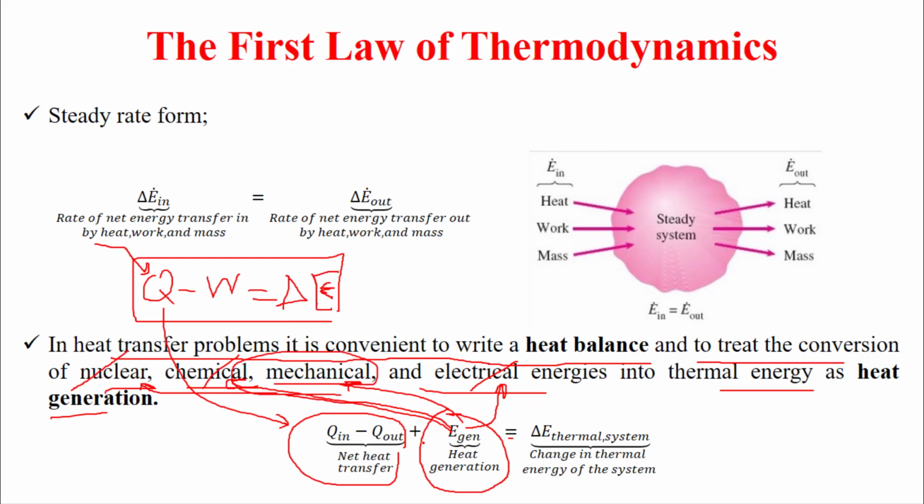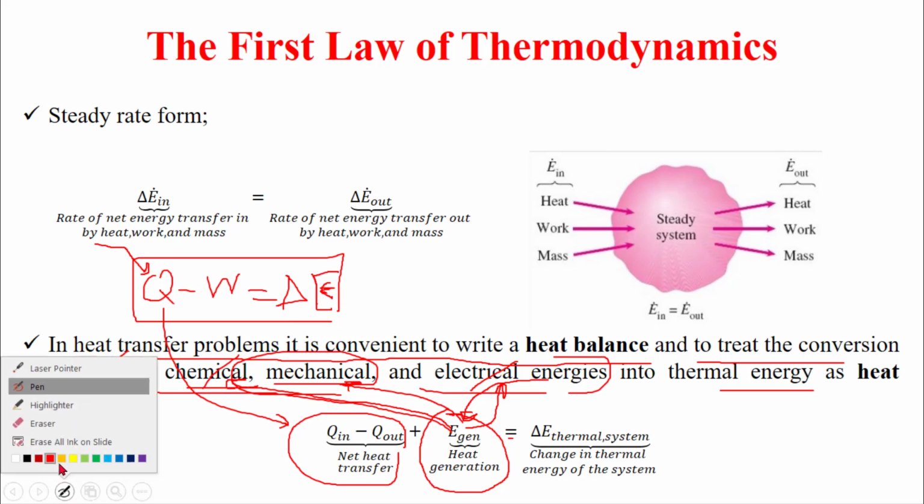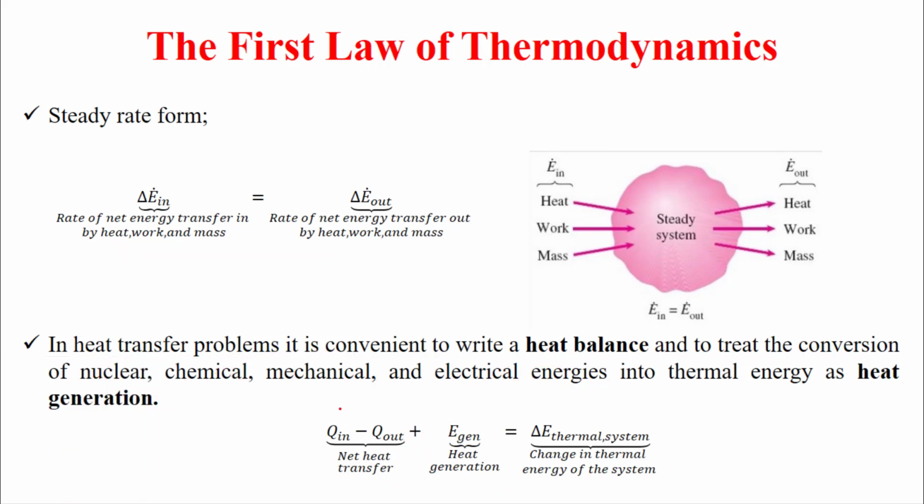Anything related to these types of energies is combined together and inserted in this equation as E generated. Anything that happens due to temperature change is Q, and anything else is due to energy generated.